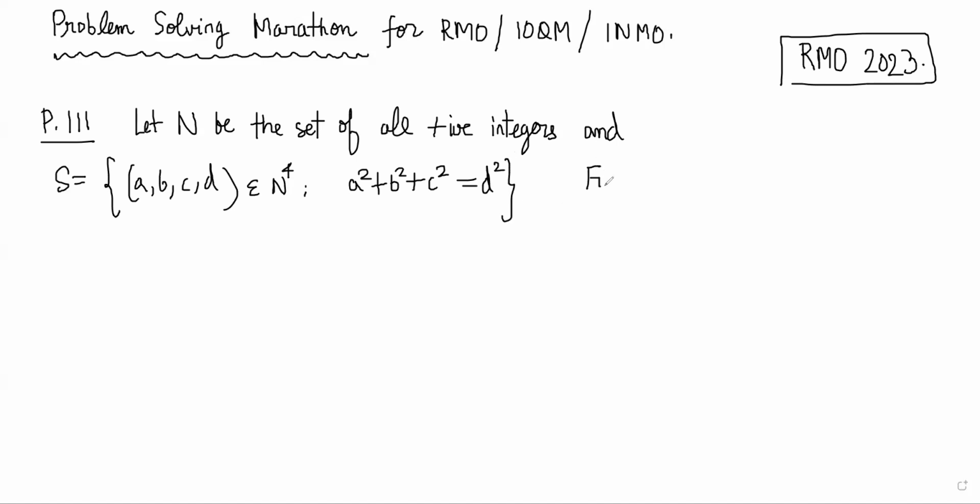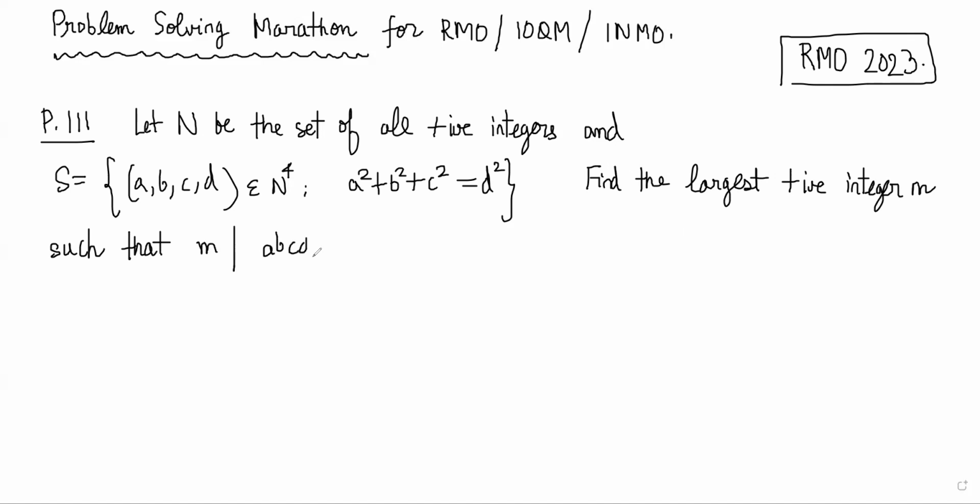We have to find the largest positive integer m such that m divides abcd for all (a, b, c, d) belonging to S.